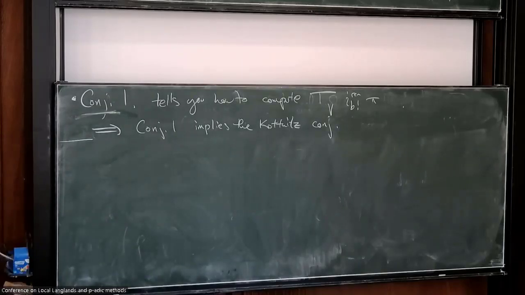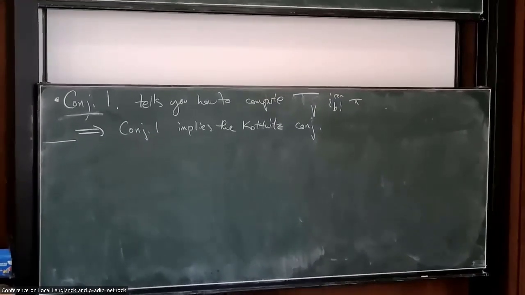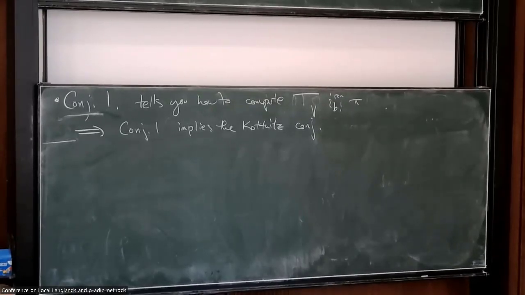It implies everything except the perversity. And then conjecture 2 implies the perversity. But if you believe in this compatibility of classical local Langlands with duality, then this conjecture 1 really controls everything.